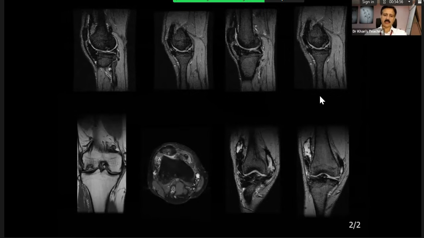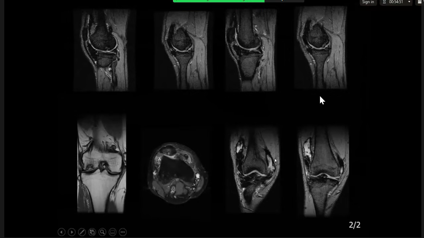What sequences are these? At the top I've got PD fat sat and or T2 sagittals, and the first on the second row is T1, and then axial T2 fat sat.